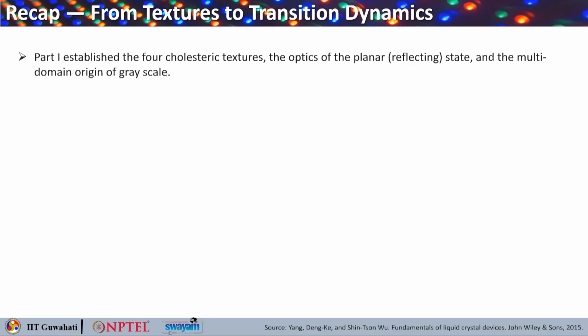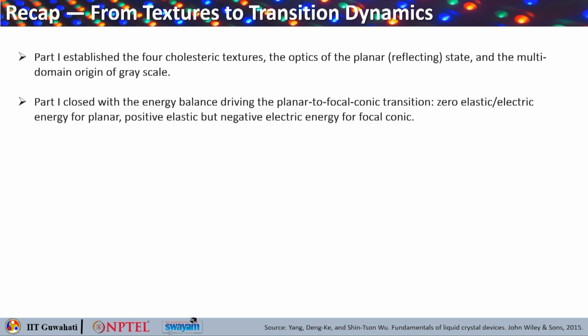So part 1 basically established the 4 cholesteric structures, the optics of the planar, that is the reflective state, and the multi-domain origin of grayscale. Part 1 finished with the discussion of the energy balance driving the planar to focal conic transition.